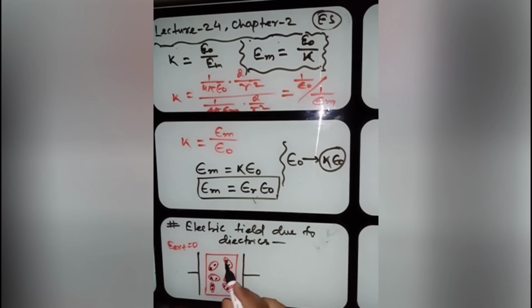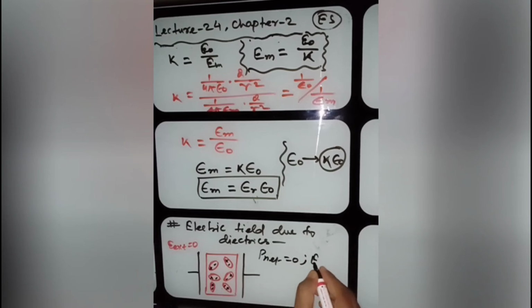Even in the absence of an electric field, the net dipole moment P net will be 0, since dipole moment is a vector quantity.